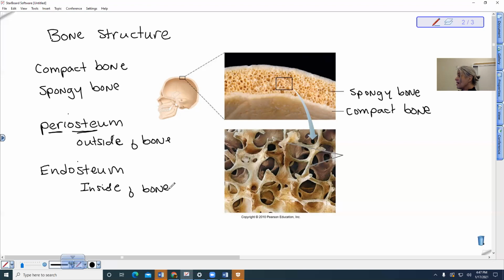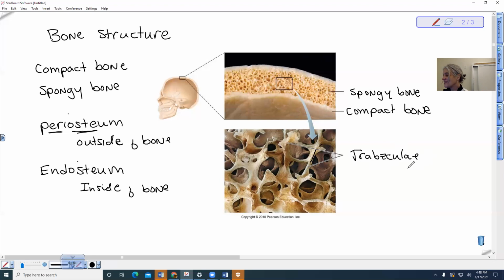And we have these spaces created in the spongy bone, and the spaces are created by these extensions of bone. And these have a name. They're like girders. They're very strong. They make the bone very strong, and they are called trabeculae. Trabeculae. And that's an E, so it's trabeculae, right?